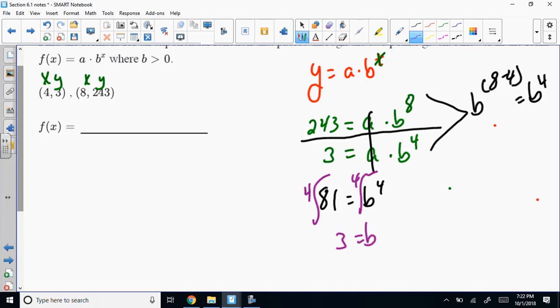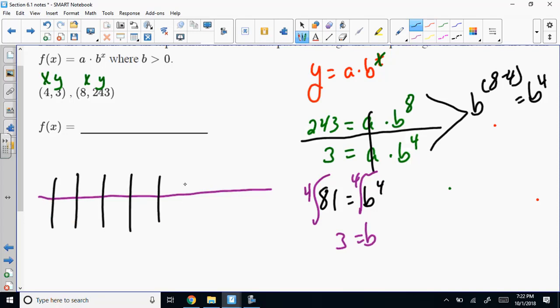Now, here's the kicker. The easiest thing is to do this, and it falls back on geometric sequences. I'm going to take you down a path that you may or may not have ever been.